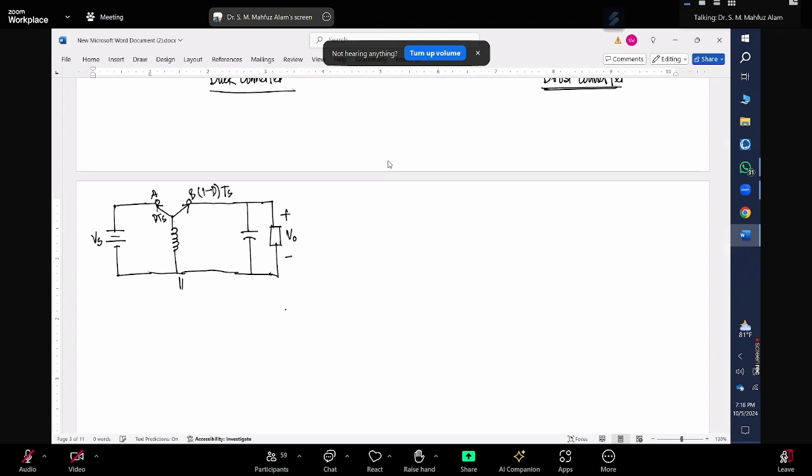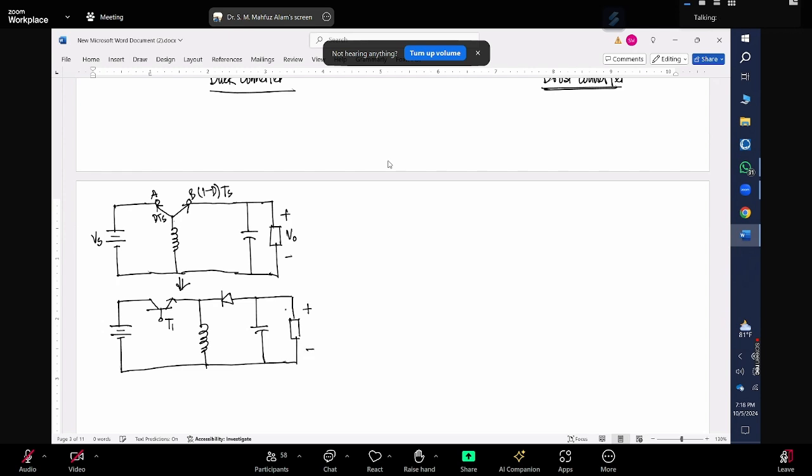So instead of this circuit, we can have a buck boost converter using two switches. One switch would be my transistor, connected to that inductor, and then we'll have a diode placed as another switch, connected to the capacitor, which in turn is connected to the load circuit.